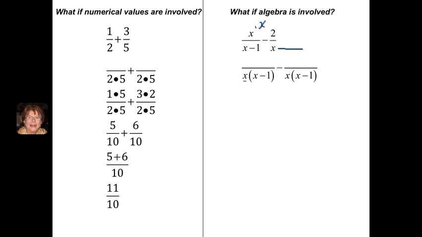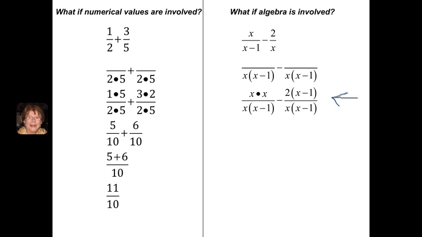This denominator from x to the lowest common denominator of x times x minus 1, you multiplied that denominator by x minus 1. Therefore, you must multiply the numerator by x minus 1 as well. We must find equivalent fractions. We've got our equivalent fractions.